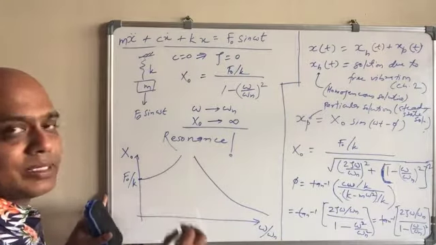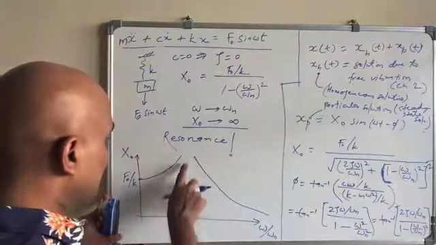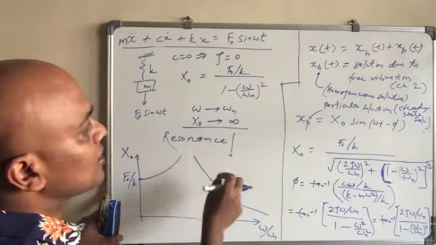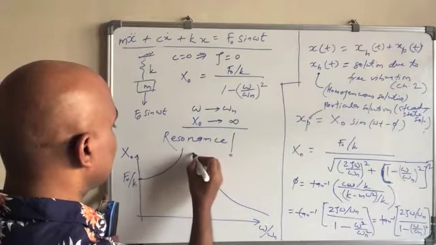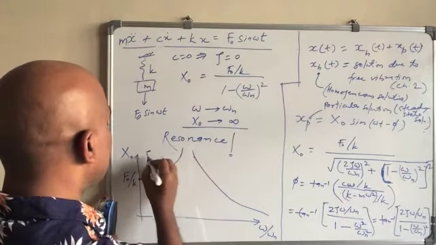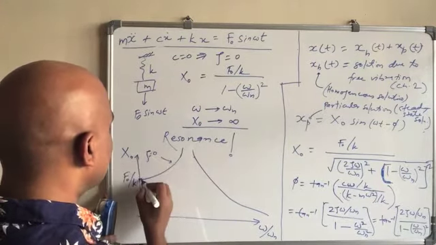Now, if zeta is a little bit more, let us say this one is zeta equal to 0.1. The next curve will look something like this.